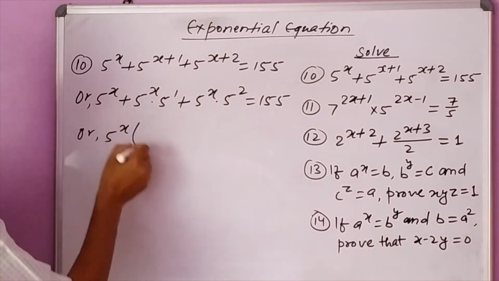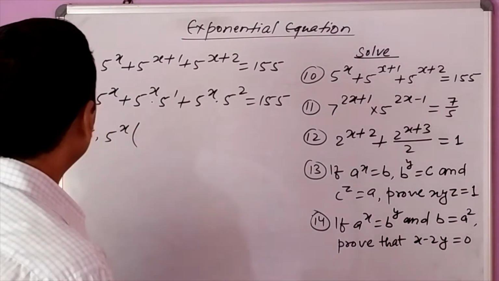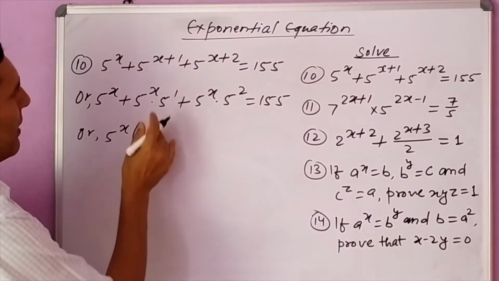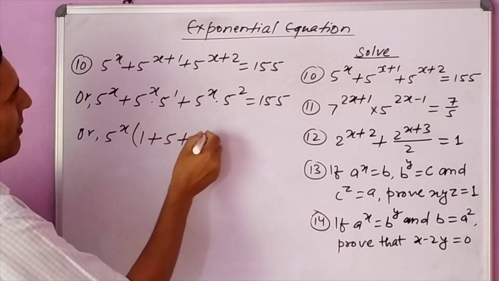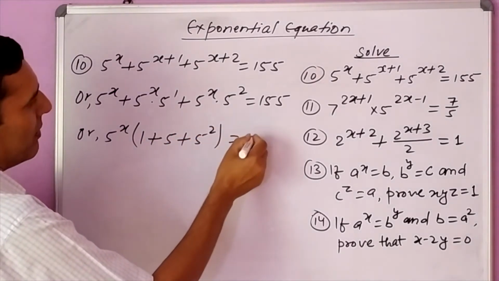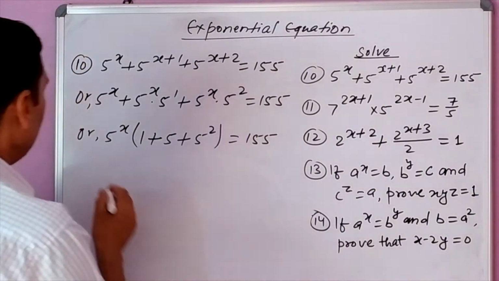After taking 5 to the power x, what will be remaining here? In the first term, 1. In the second, 5 to the power 1, it is 5 only. In the third term, it is 5 square, is equal to 155 as it is on the right hand side.